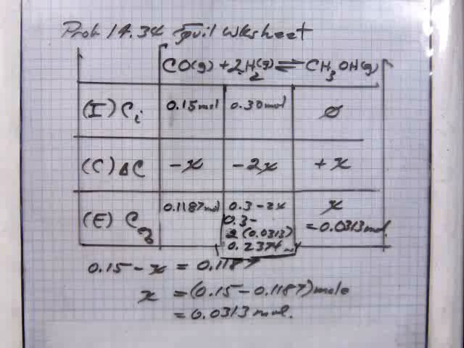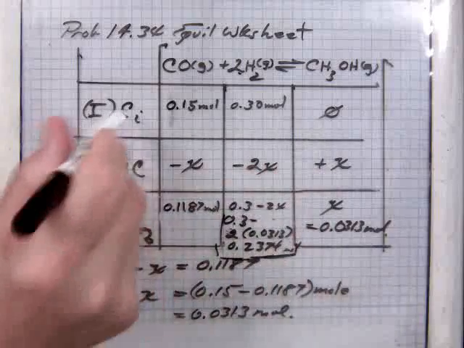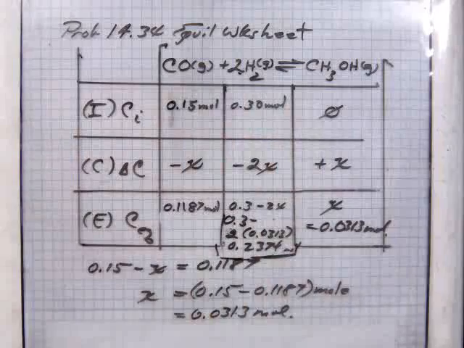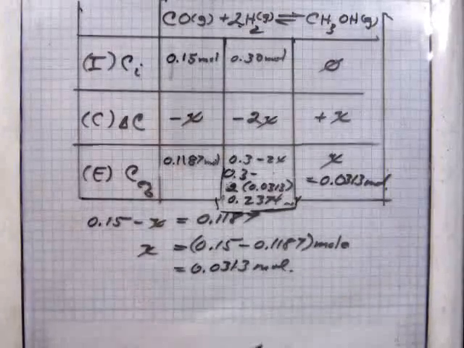What's the concentration of each substance in moles per liter? Now, we're really not interested in the concentrations up here in the initial or the change region, unless the problem specifically asks for it. It's the equilibrium region that we're interested in.